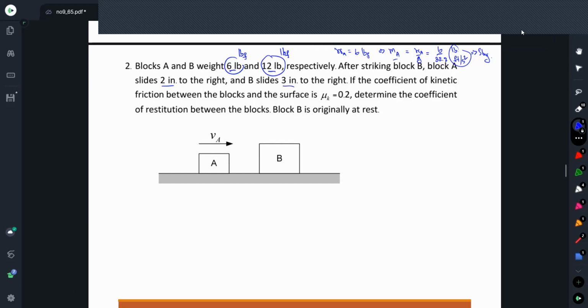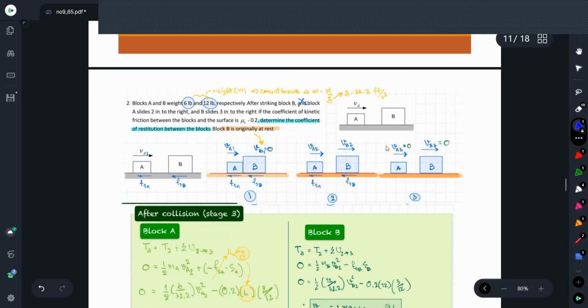If the coefficient of kinetic friction between the blocks and the surface is 0.2, determine the coefficient of restitution between the blocks. The problem gives us that block B is originally at rest. This means that the velocity of block B before impact is equal to 0.